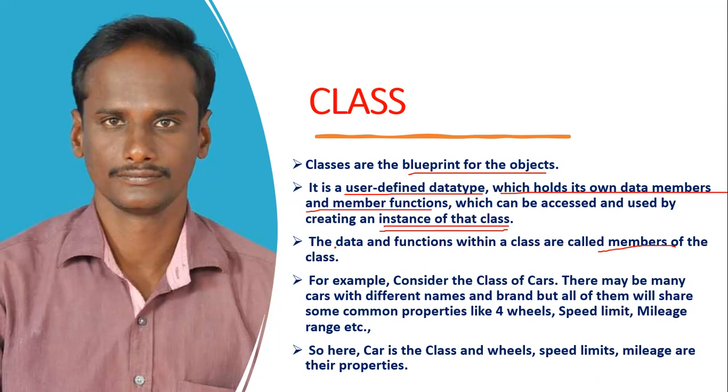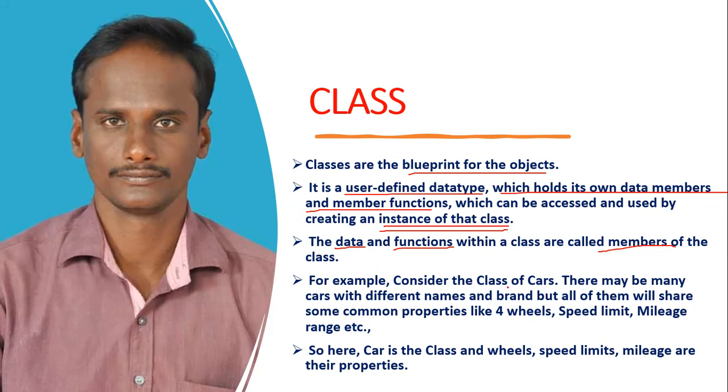The data are called data members and the functions are called member functions. If you define any data under a class, it is called a data member. If you define any function inside the class, it is called a member function. Generally, we call them class members.